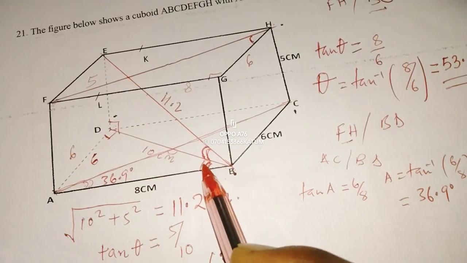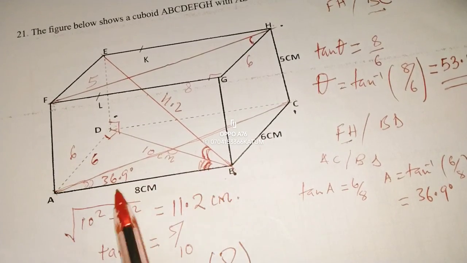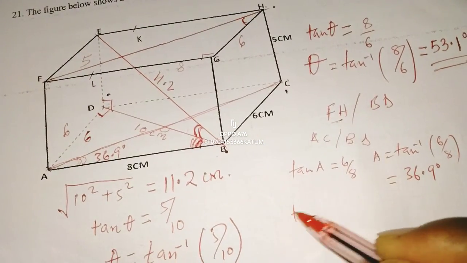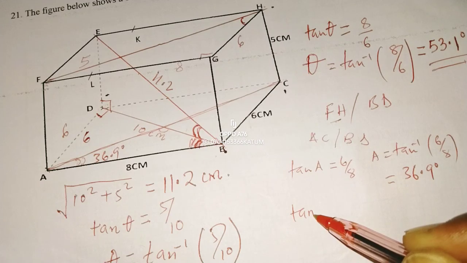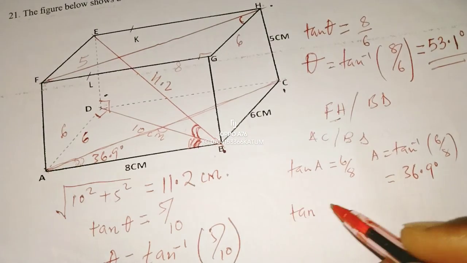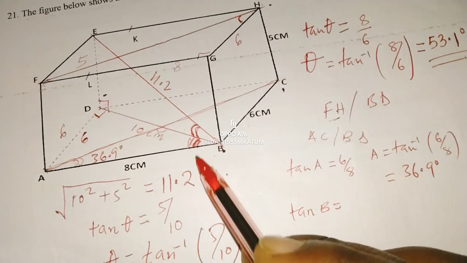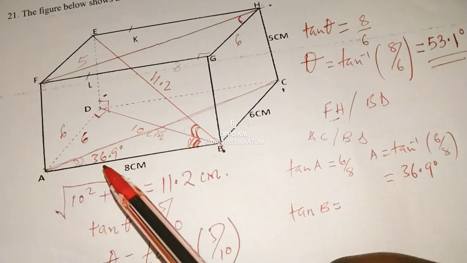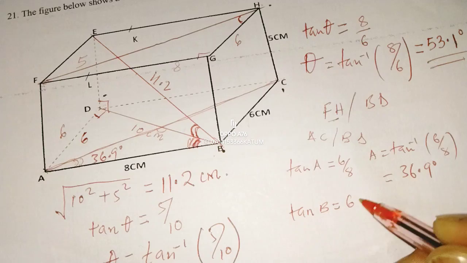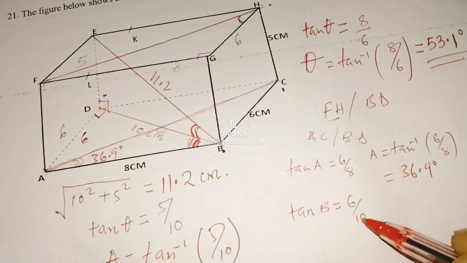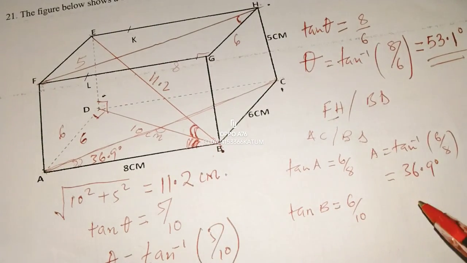We can again apply tangent, whereby the tan of the angle at B is going to be the opposite, which is 6, divided by 10, which is the adjacent side.